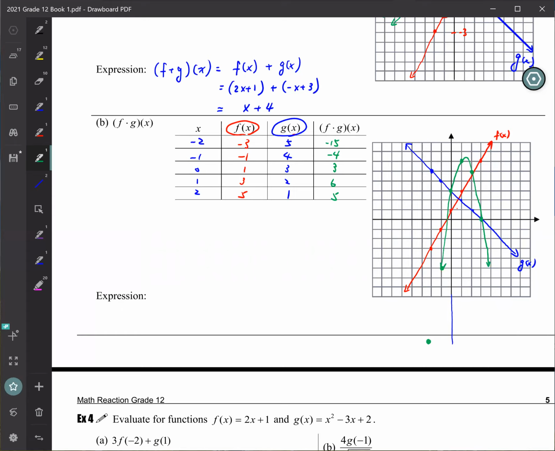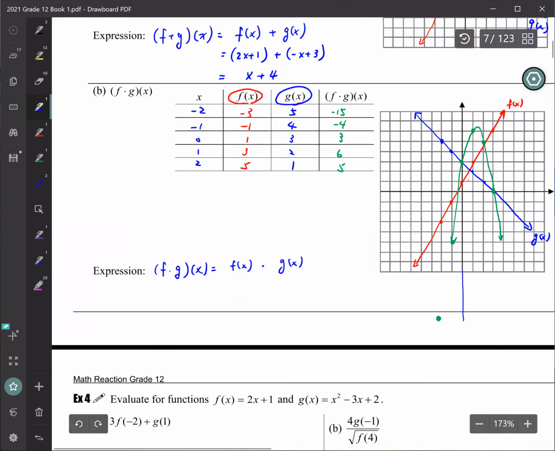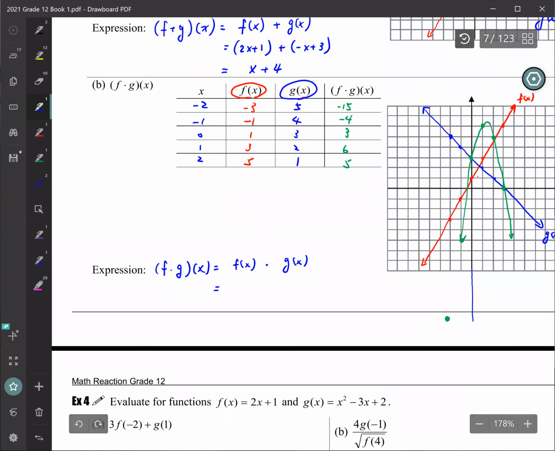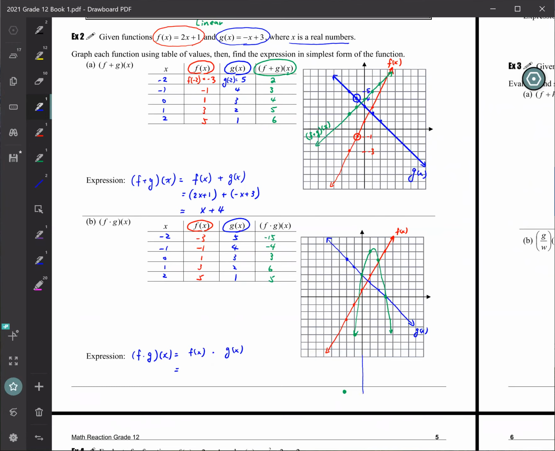Okay, so next part, we need to get the expression for the green one. We know the green is a quadratic. So in your results, you should have an x squared inside. Okay, so let's try that. F times g of x, which means f of x times g of x. Our f of x is 2x plus 1, right?